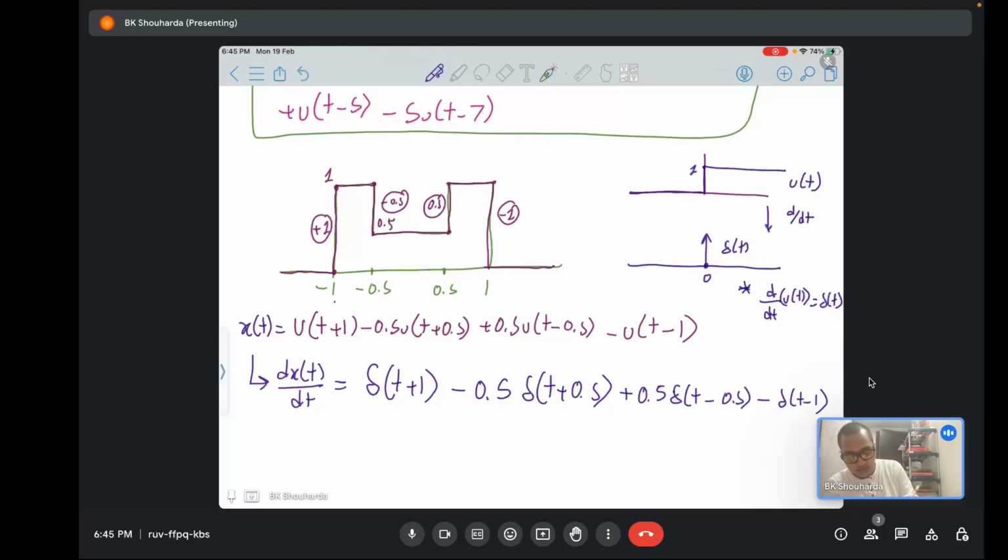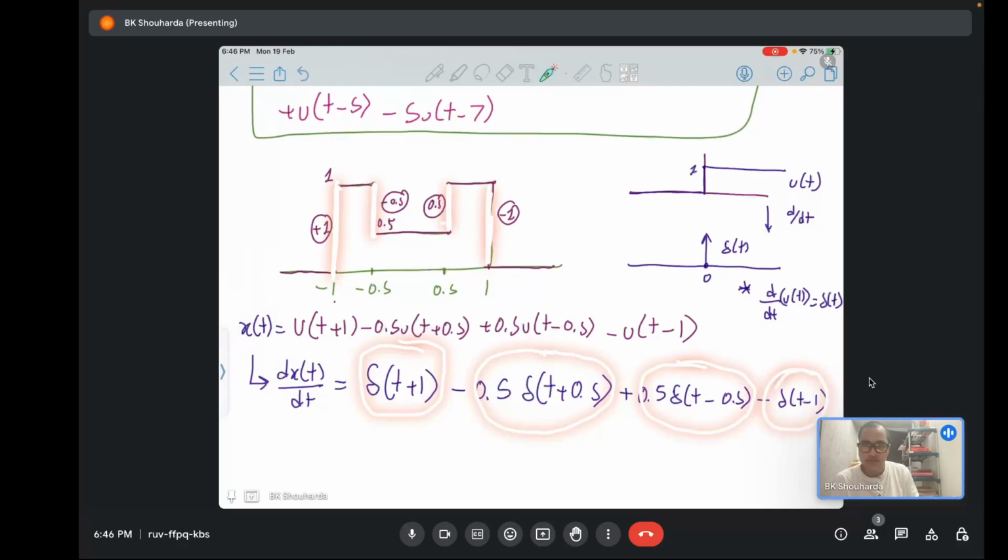So now let's look at this. It's at minus 1, there's a huge impulse, so there's a change. You have a change at minus 0.5, corresponding to that there's an impulse at minus 0.5. There's another change at 0.5, so you have a corresponding impulse at 0.5. You have another impulse at 1, so the corresponding impulse comes over here.